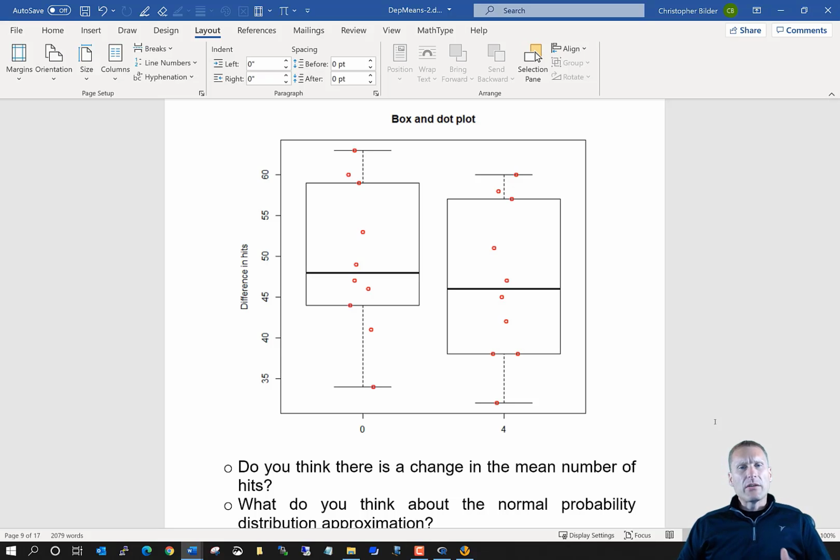Based upon what we learned for independent samples, when we look at this box plot, we would say, hey, there is a lot of overlap between time 0 and time 4 hits. That overlap might make me think there's really not much difference at all between the population means. Well, what we're seeing here is the problem with the extra variability that one would have with independent samples.